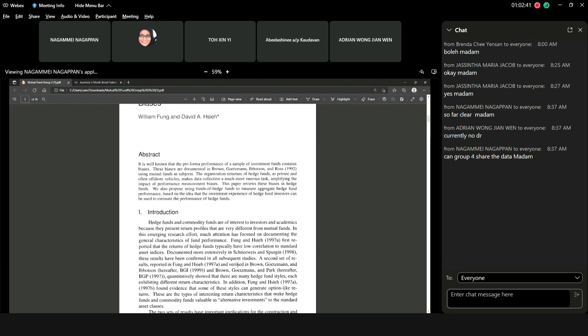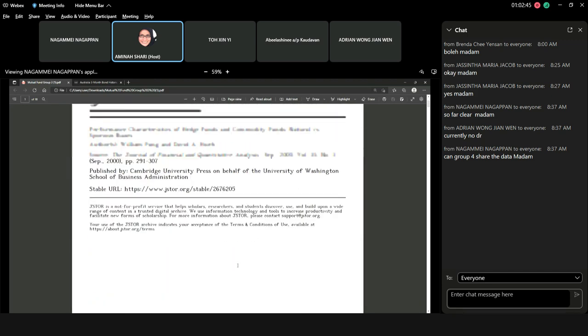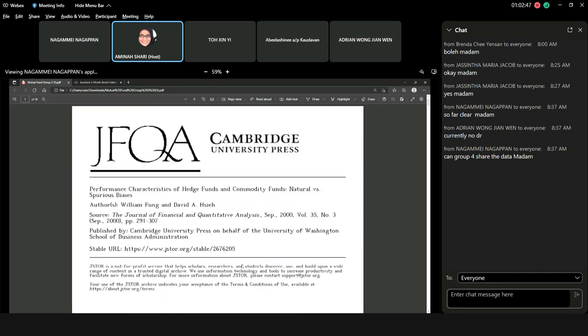General. Ni general apa? Tengok jap atas. General of Financial and Quantitative. Sebab tu lah sebab you pilih tahun tu September 2000.